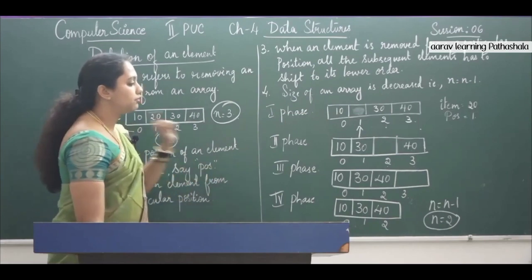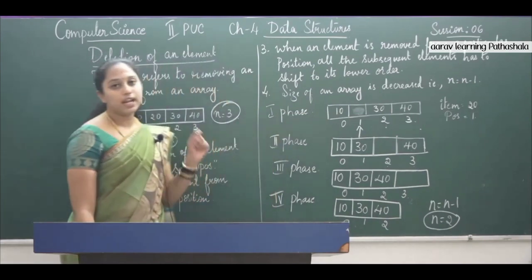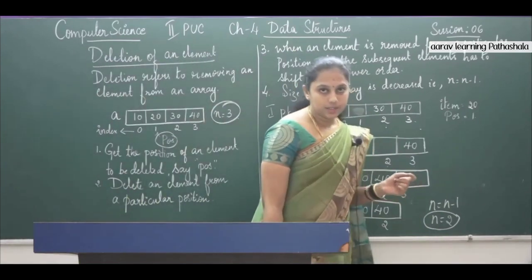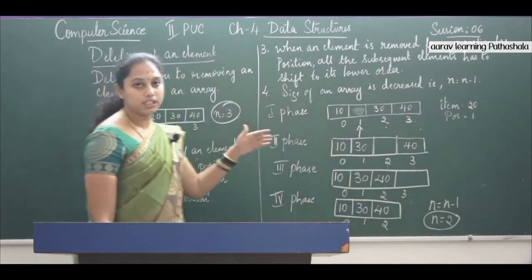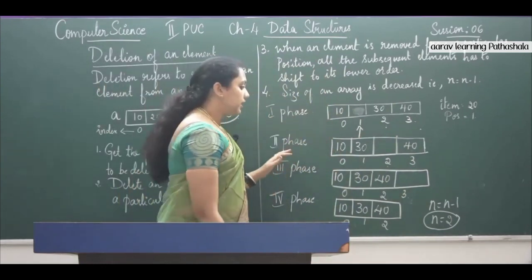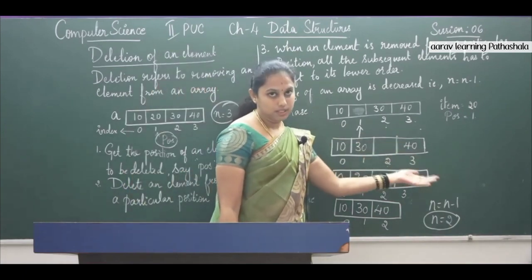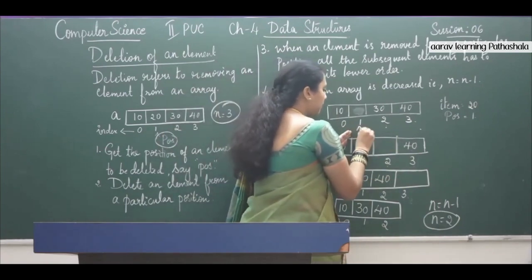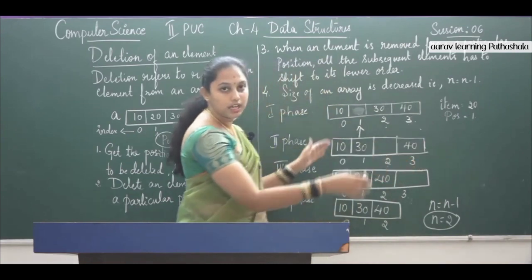First, the first step is we have to get the position of an element from an array to be deleted. So from that position, we are going to delete the particular element. In the next step, we have to shift all the elements from the deleted position till the last position of an array.